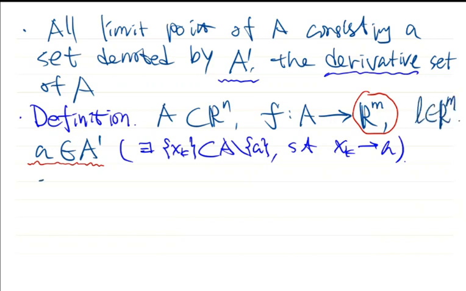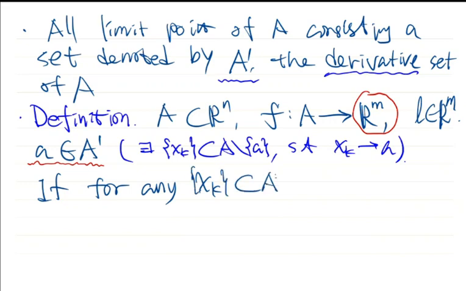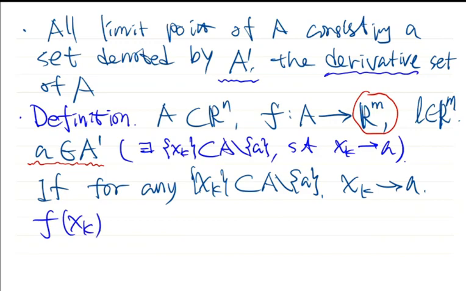So if for any xk contained in this set, so that xk converges to a. Because a is a limit point of capital A, such a sequence xk exists. But of course, we can have many sequences with this property. If along all such sequences, we always have f(xk) converge to L.